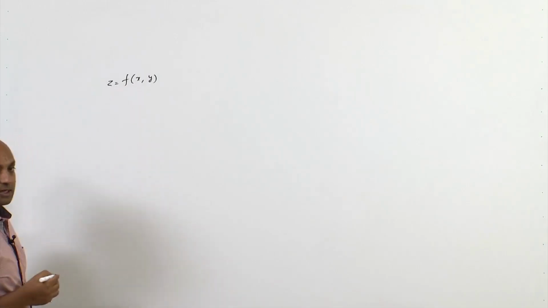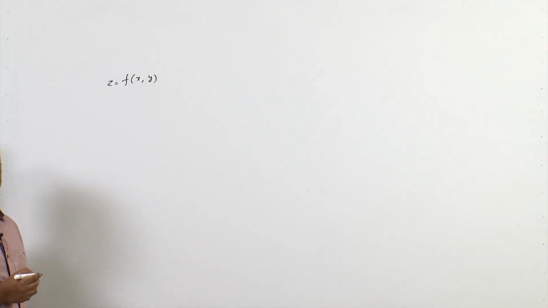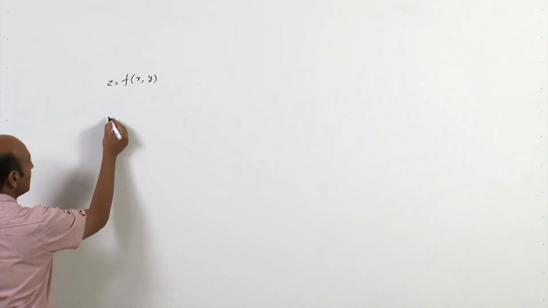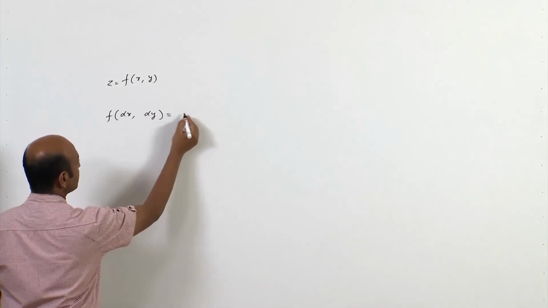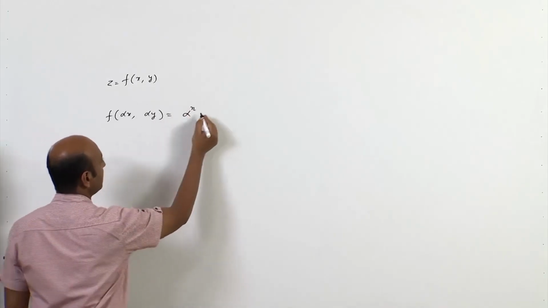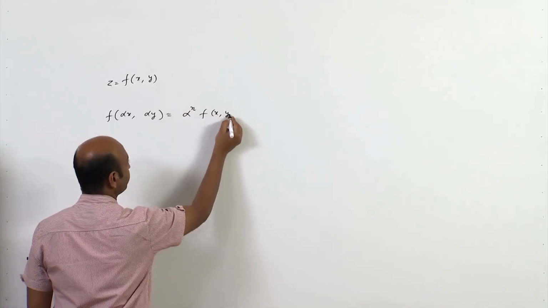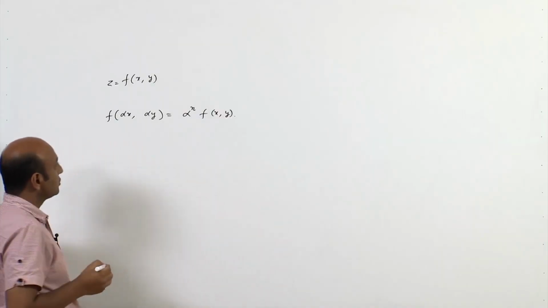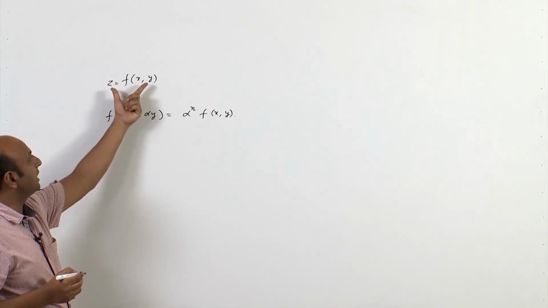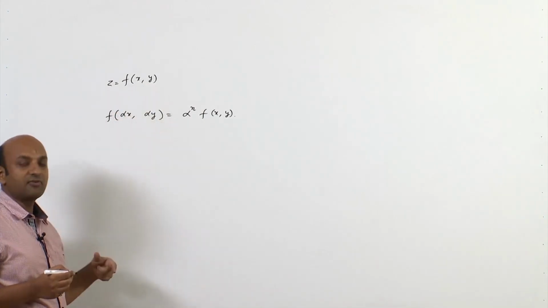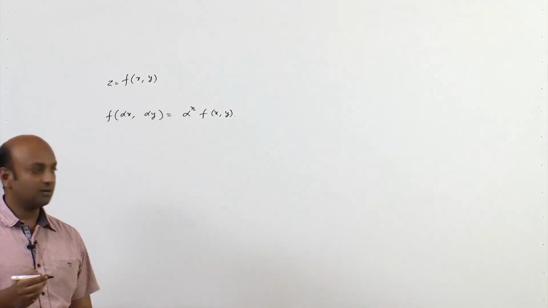Now this function is said to be a homogeneous function of degree n if f of alpha x, alpha y is equal to alpha raised to power n times f of x, y. If this property holds for a function of two variables f(x, y), then we say that it is a homogeneous function of degree n.